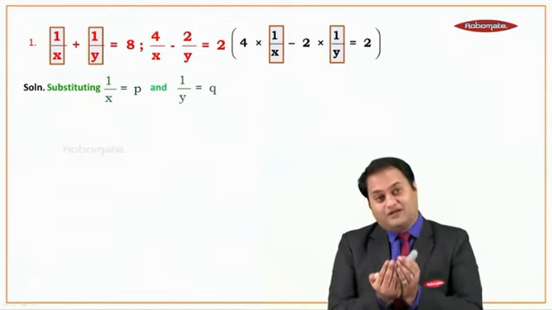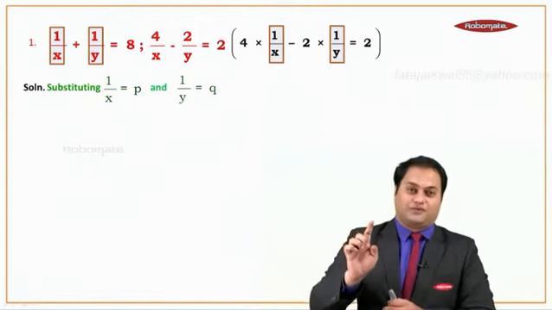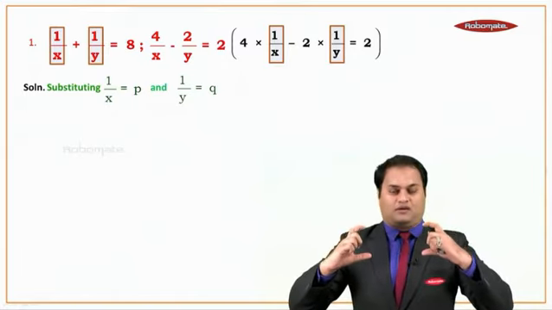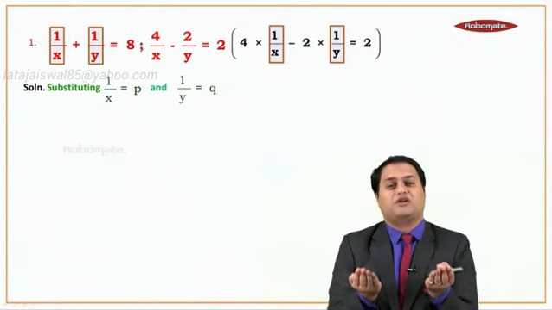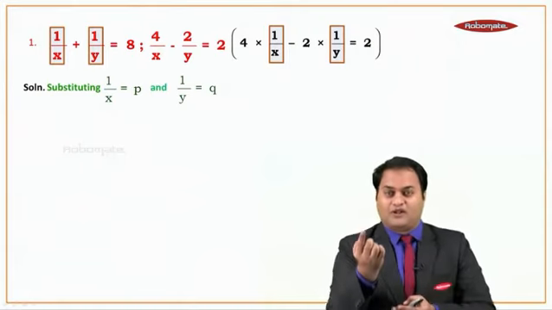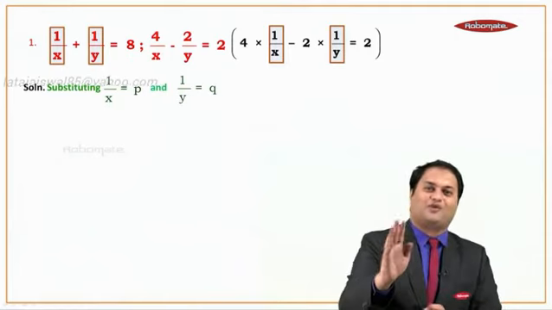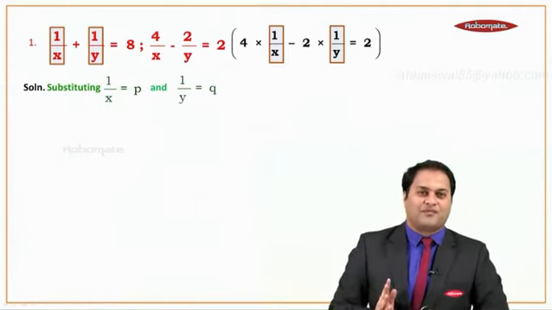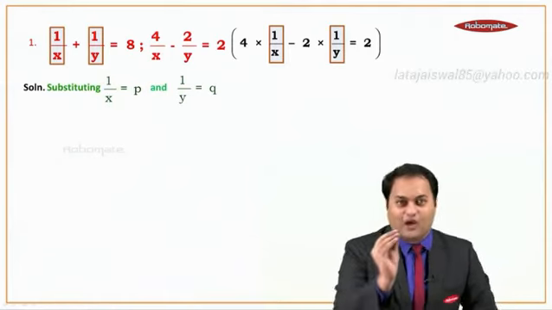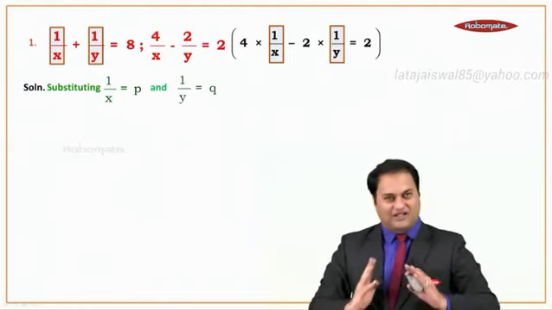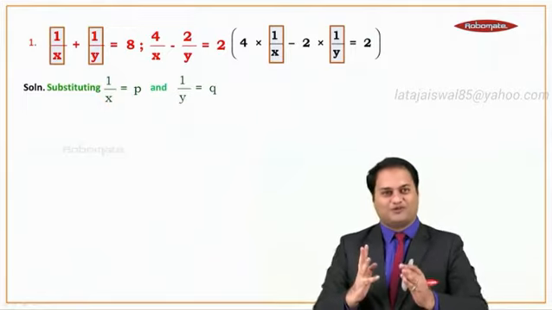So to make them linear, we need to substitute whatever is common. In simple terms, substitute the common denominator. The denominator is x, so 1 upon x is equal to p. The denominator is y, so 1 upon y is equal to q. Clear? When to substitute, what to substitute.